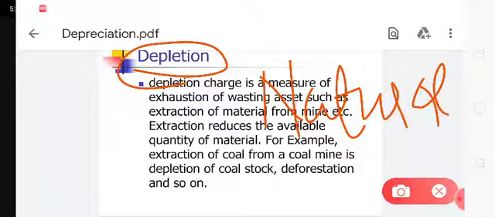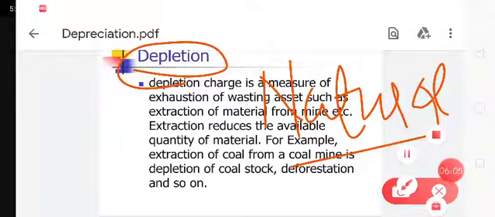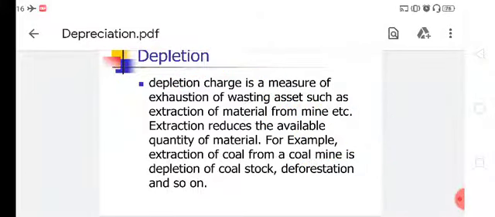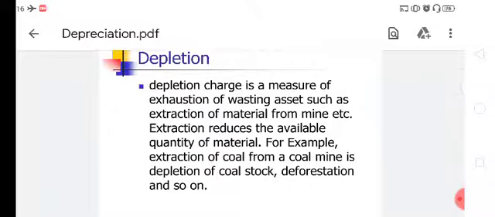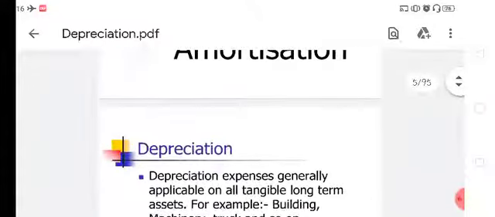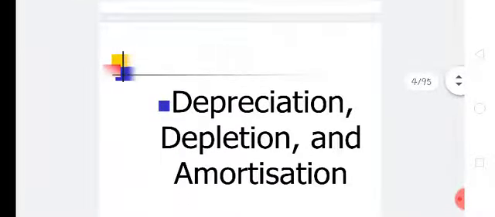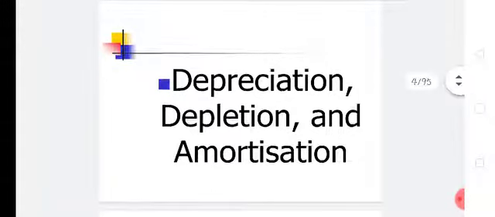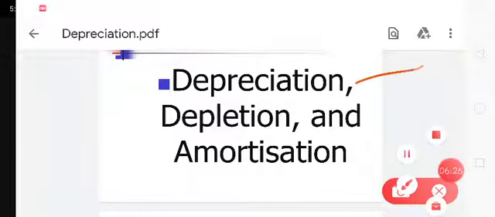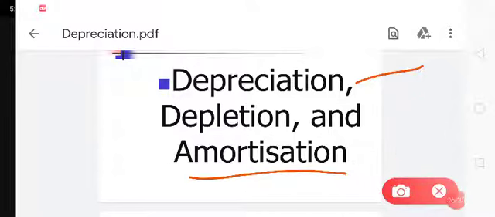So whenever your natural resources' value is declining, for example deforestation or depletion of coal stock, we have to use the word depletion here. Clear, class? So that is the difference between these three words: depreciation, depletion, and amortization. Once again, depreciation on tangible assets, amortization on intangible assets, and depletion on our natural resources.